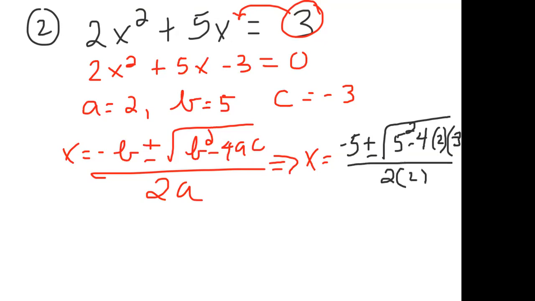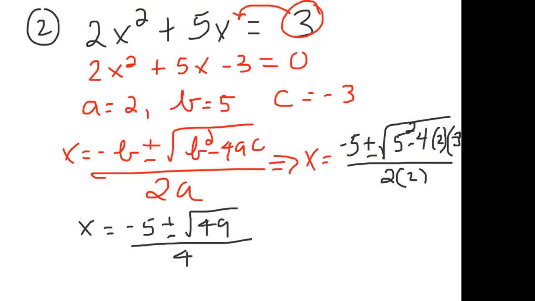So when you work out what's inside the square root, it's going to simplify to 49. And this will be divided by 4. The square root of 49 is 7. Ooh, why am I keeping the square root again? That's wrong, okay? So 7, and all of that goes over 4.